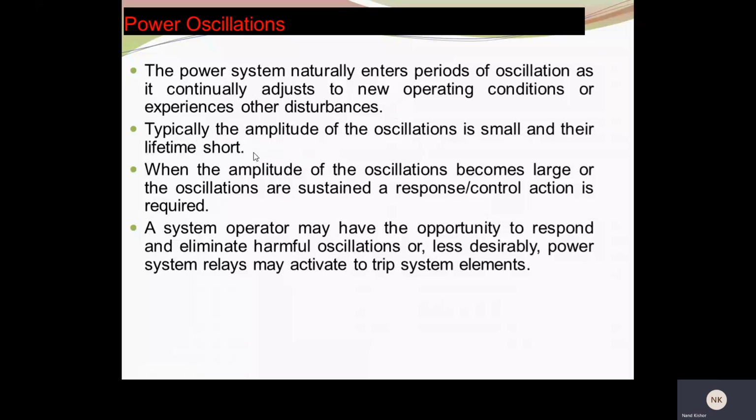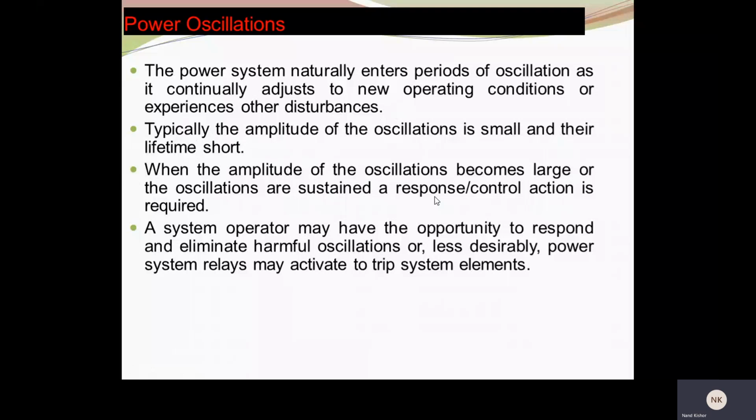However, the amplitude of these oscillations can become large, and there could also be oscillations of a sustained nature. And for this case, control action will be required.